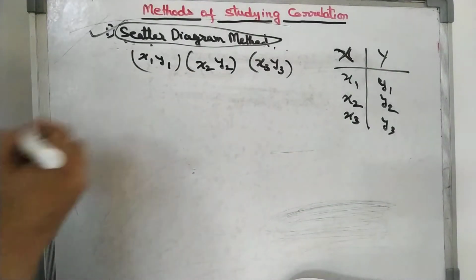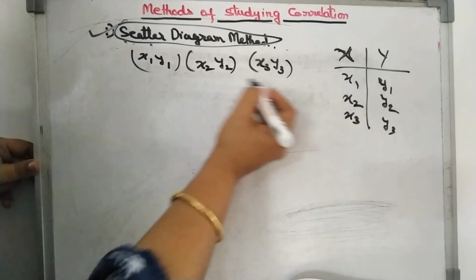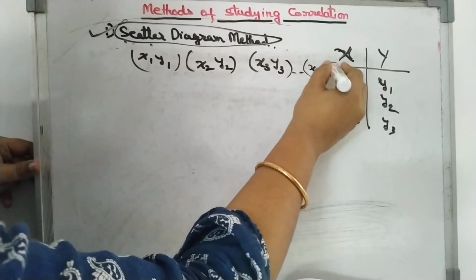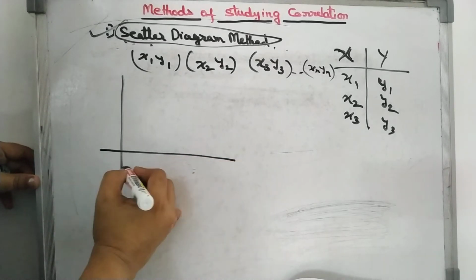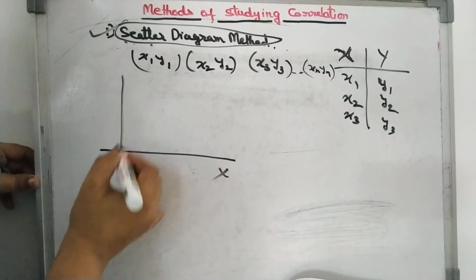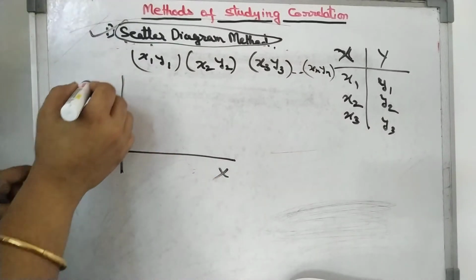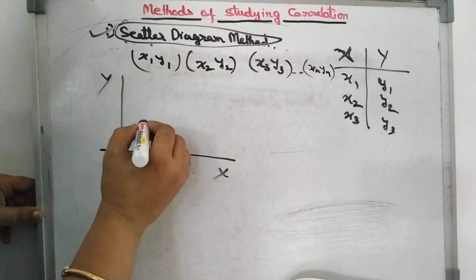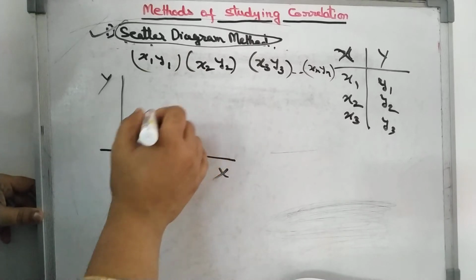So if you are given n pairs of values of x and y, what we need to do is plot a graph. We take the x variable along the x axis and the y variable along the y axis. Then we plot the coordinates x1, y1.